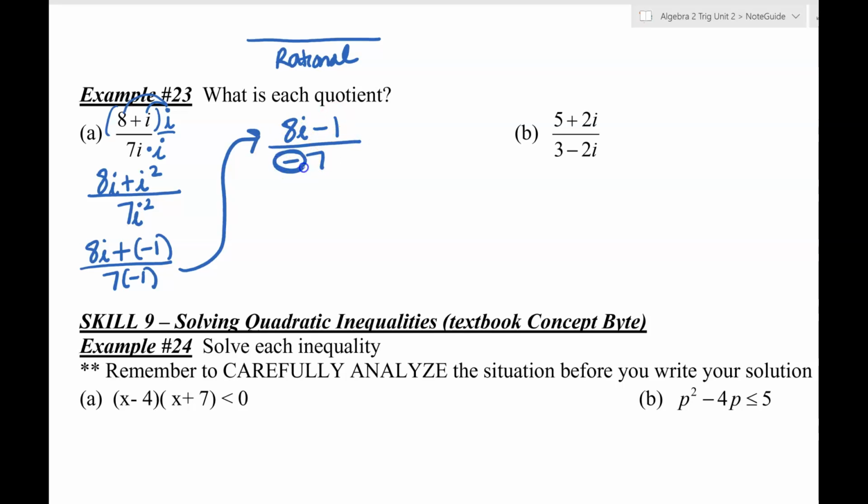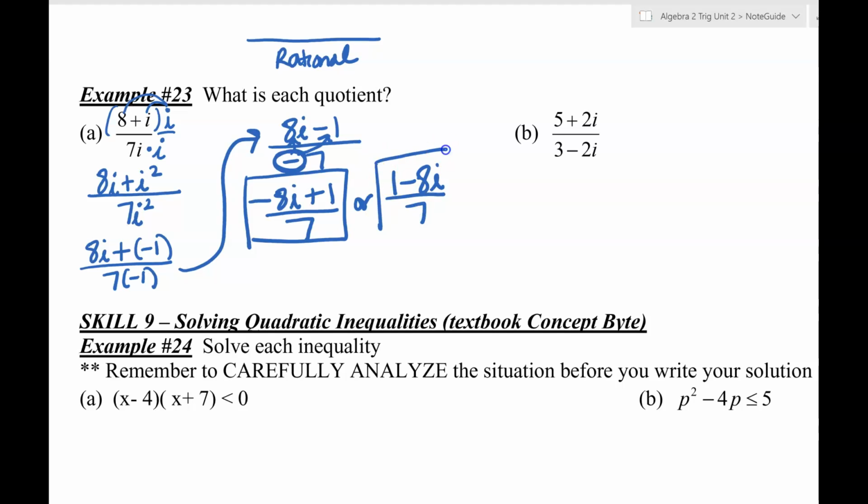We usually don't leave these negatives in the denominator, so that part of the denominator gets distributed through to the numerator. So it'd be a negative 8i and a positive 1. So this would be a simplified answer, or you may see it more often written with the real portion first. Now, we didn't really do much. It's still a fraction and it still is complex, but you don't see that imaginary portion in the denominator.